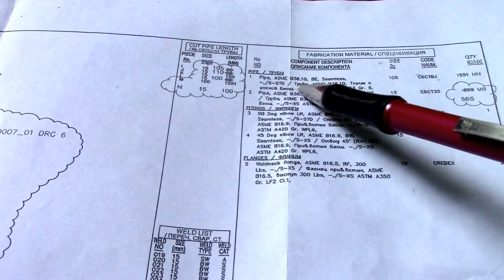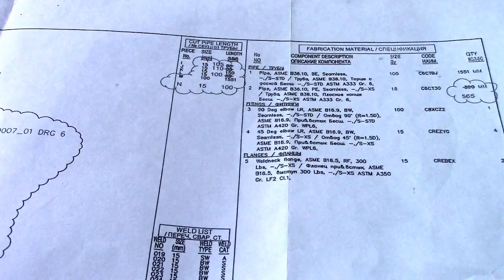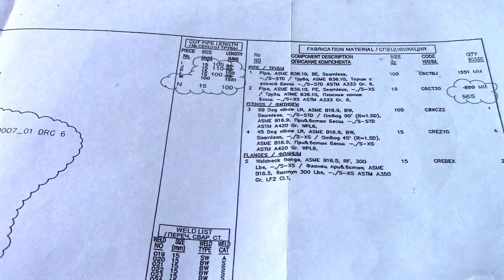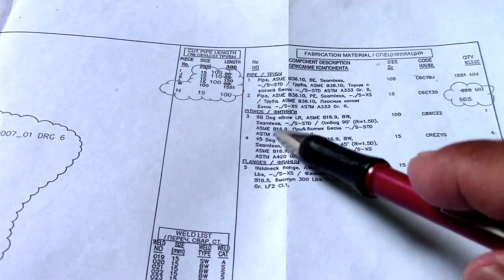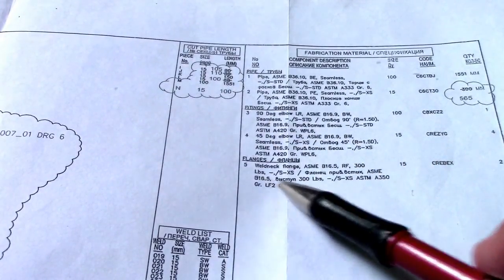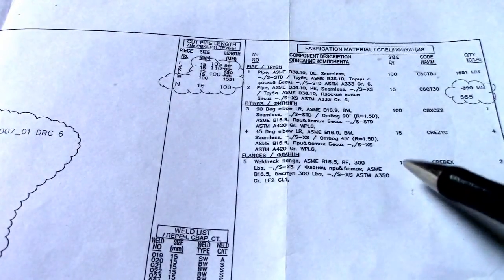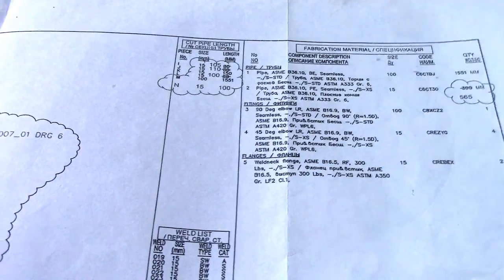This is A333 grade 6, so this is the pipe, ASTM. Okay, fittings. Here is 90 and 45 degree elbow and flanges. How many? Size, code, and the quantity.